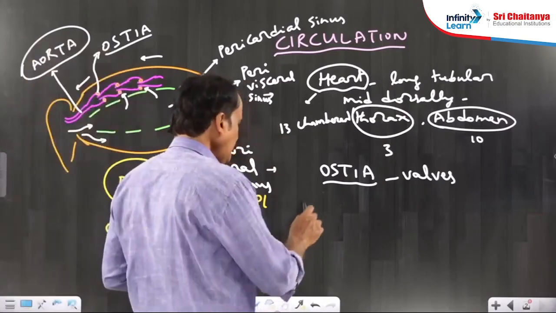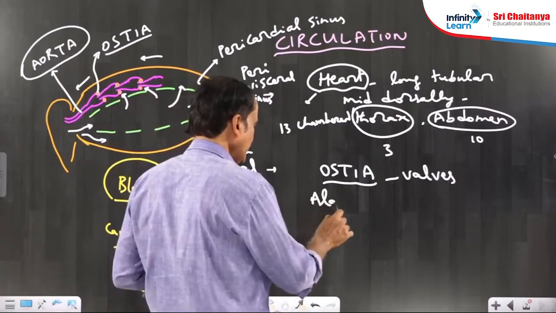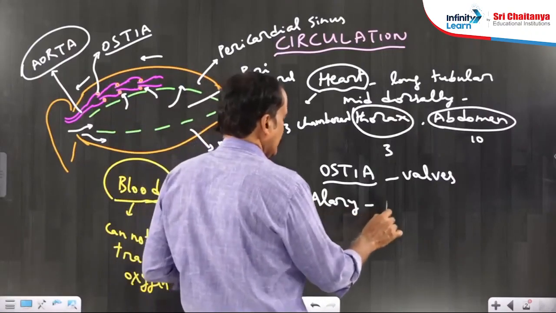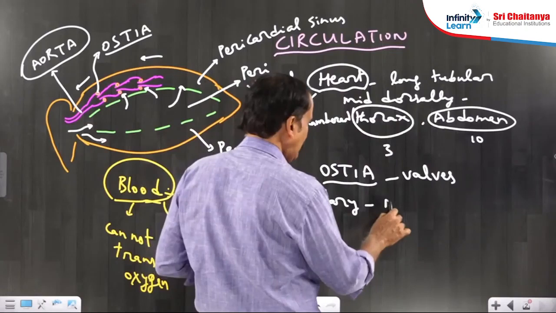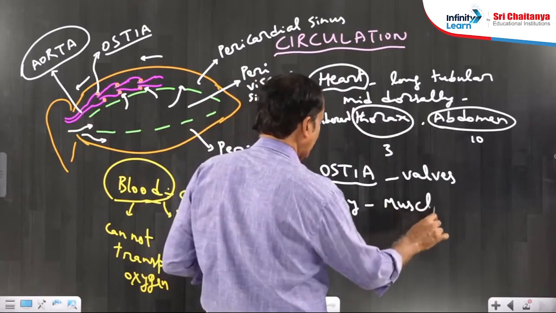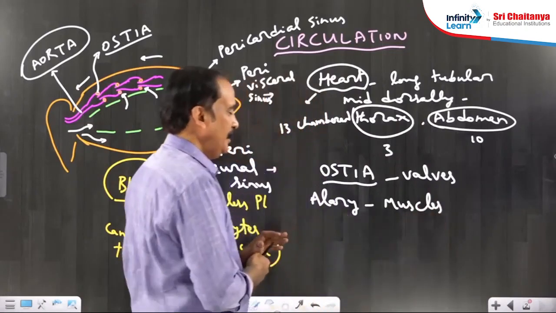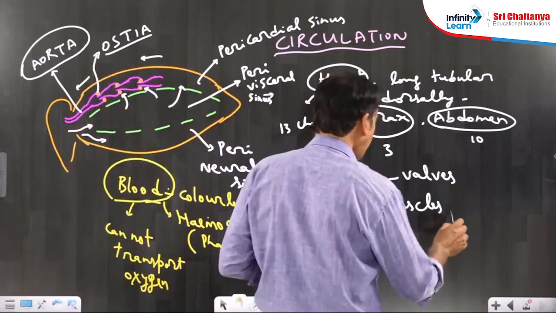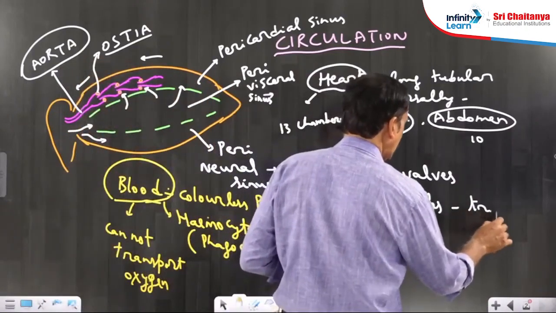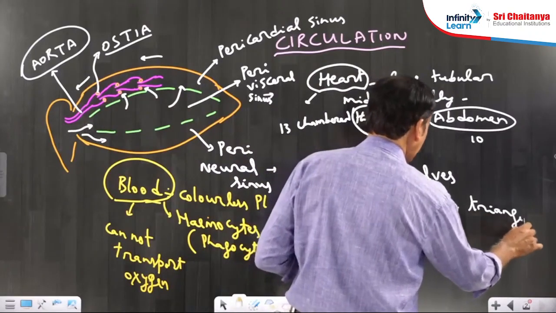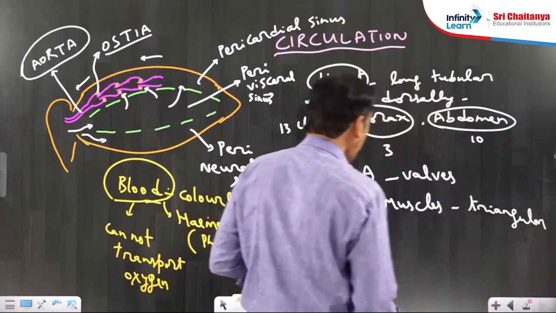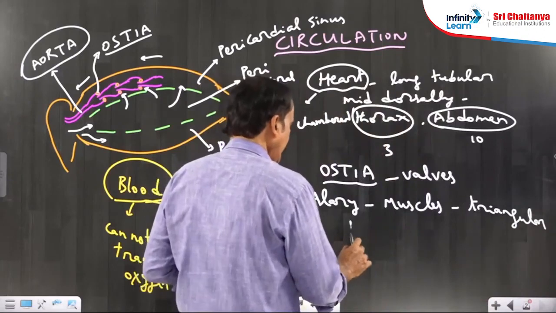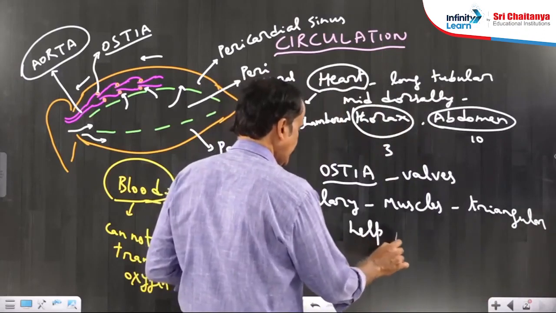And cockroach is provided with 12 pairs of alveolar muscles. It is not given in the description, but they are there in the labeling. There are 12 pairs of triangular alveolar muscles that will be helping in the circulation of blood.